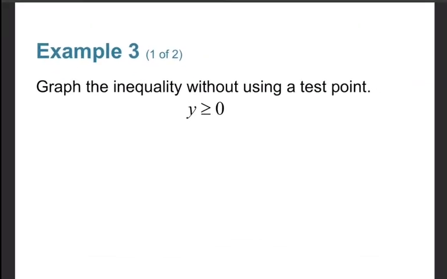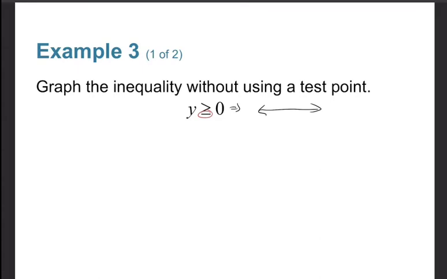Following the same deal, but now we have something weird. Do we have an x? No, we don't. Since we do not have an x, our line is a horizontal line. My question is, is it going to be a solid line or a dotted line? It's going to be a solid line because we have an equal sign down there.